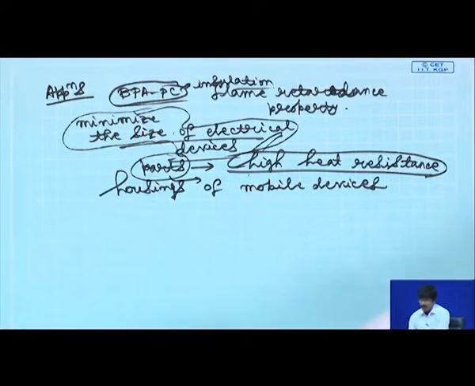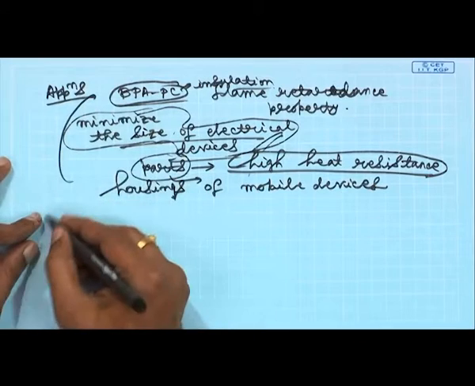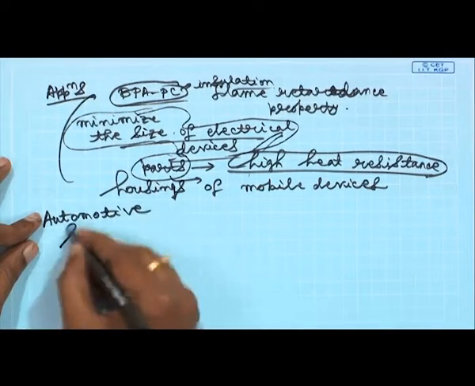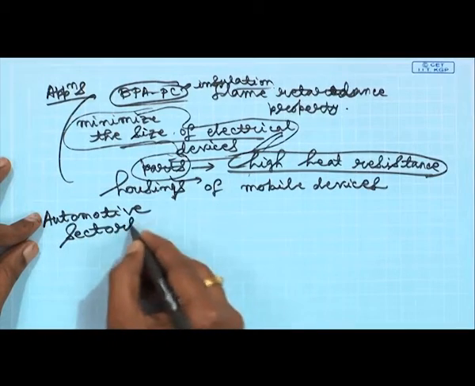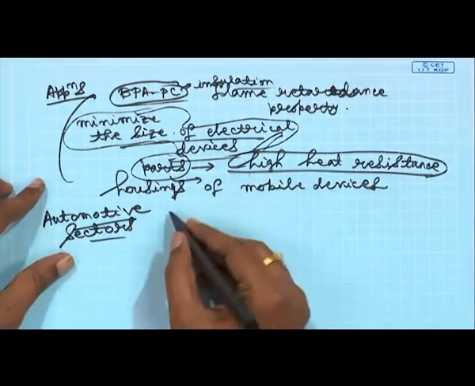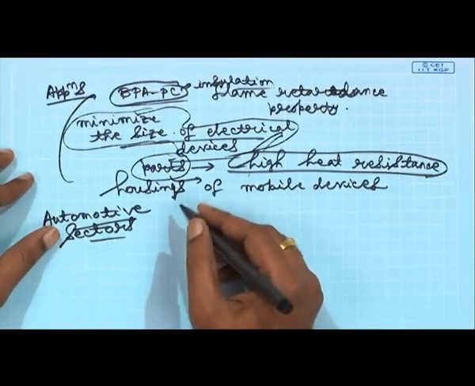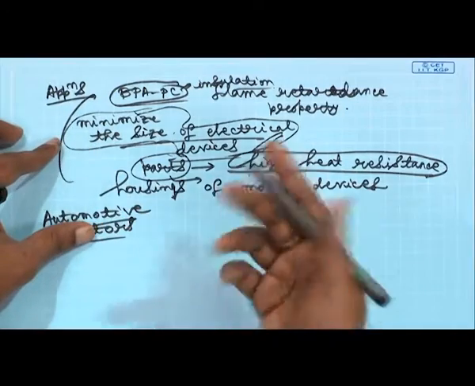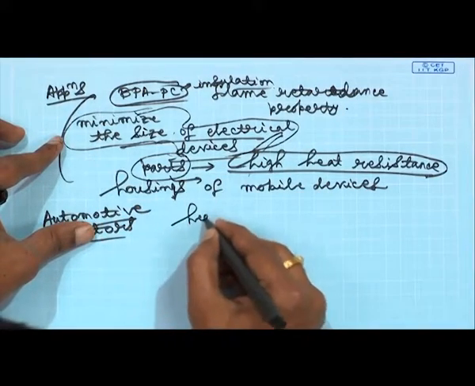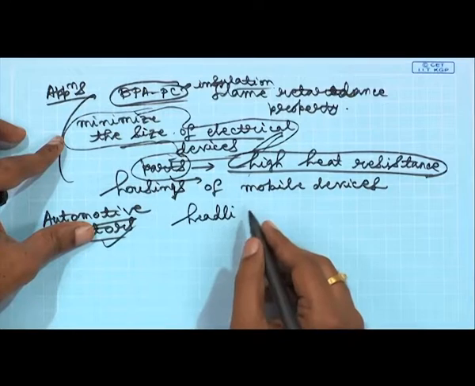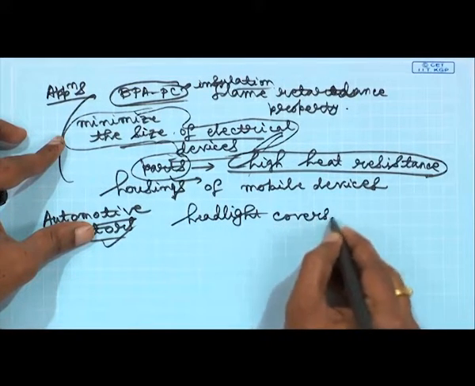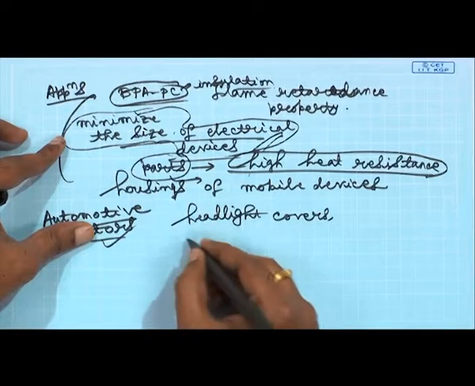Some of the other usages, so this is the electrical sector, could be in automotive sectors also. Because these are lightweight materials, you can use bisphenol A polycarbonate based materials, and also they are transparent, so you can use them in headlight covers and in the radiator grills.